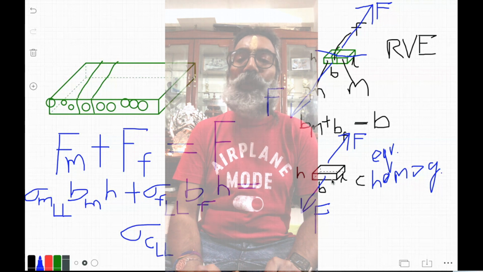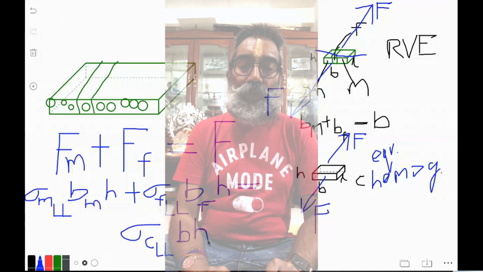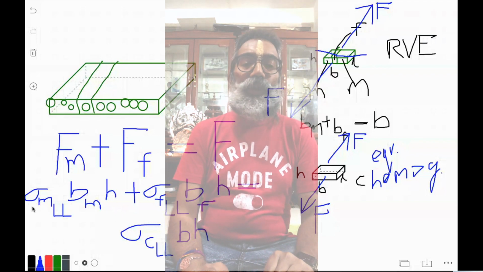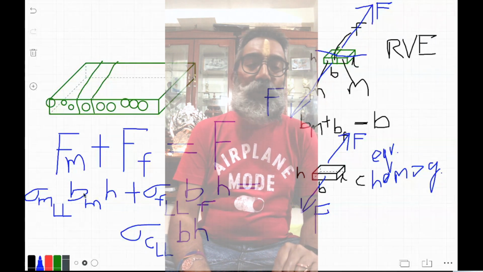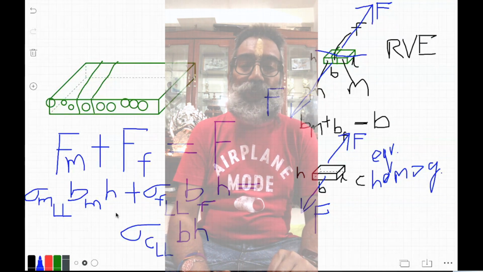Now the entire cross section is available to it, that is B into H. So which is what we would put over here. Now we can divide this whole thing by BH. So if we do that, we get B M H by BH.